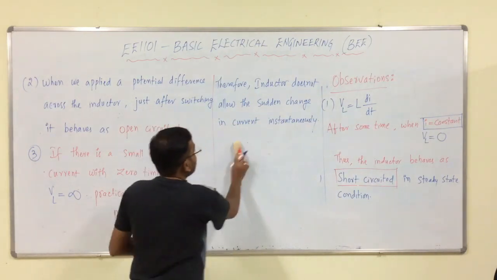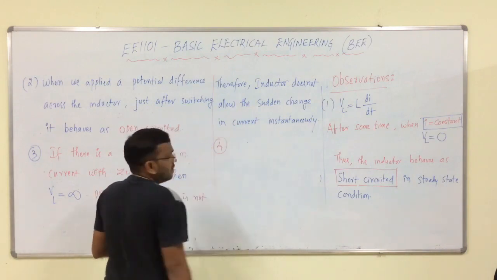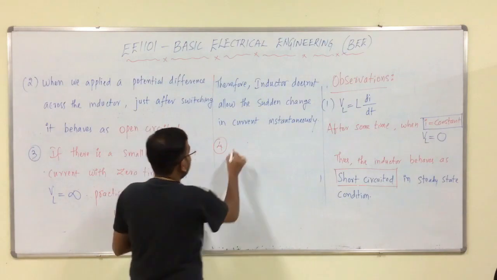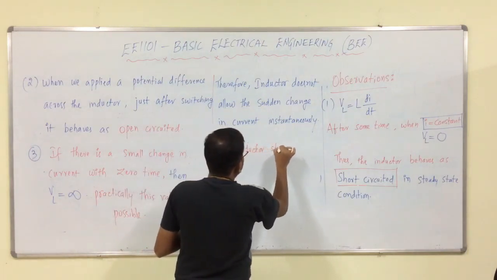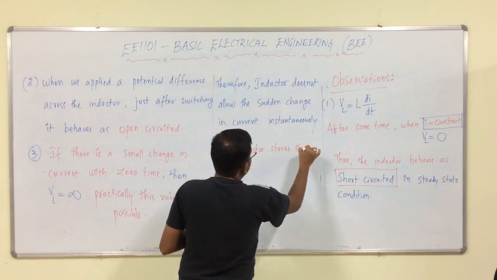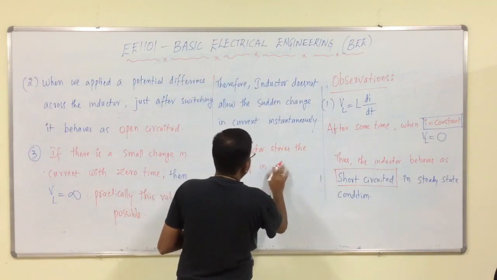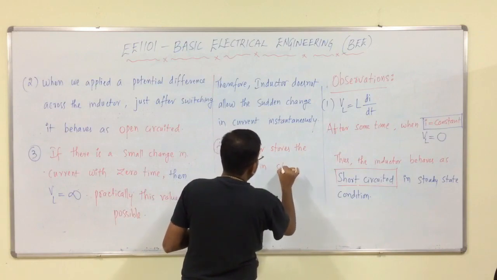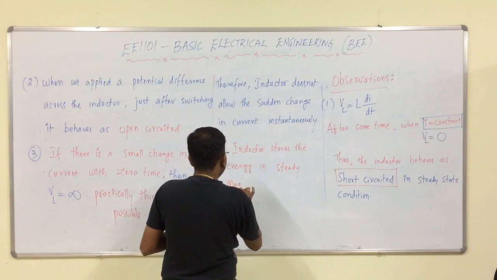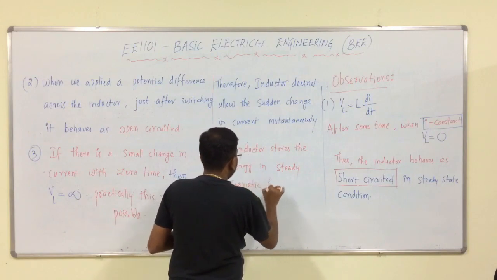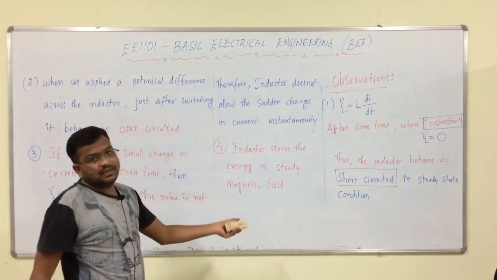Okay. Next, the fourth point: we created a steady magnetic field. So, the inductor stores the energy in a steady magnetic field, if the excitation is DC.